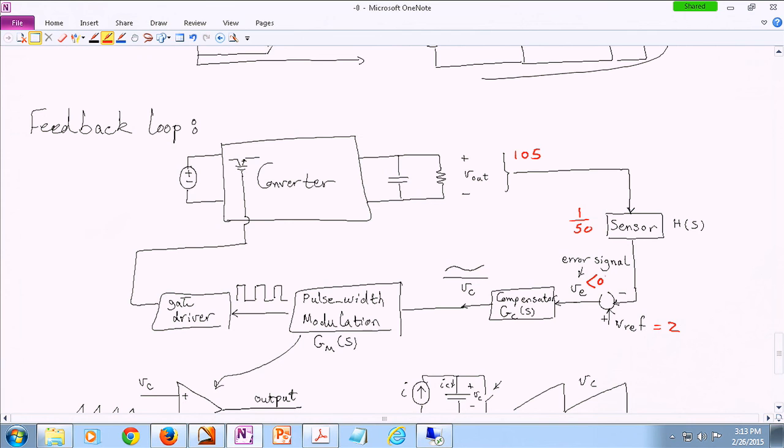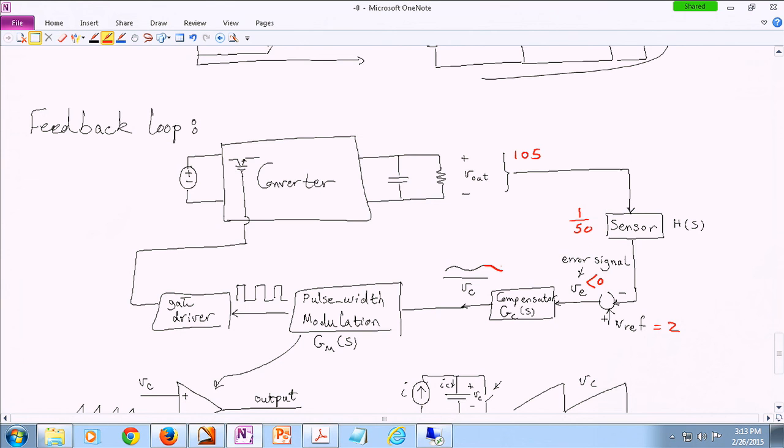So the compensation network sees this negative input, and VC starts decreasing. A very simple way of thinking about this compensation network is just like an integration block. If you provide a negative input to it, its output gradually goes down. So VC goes down.